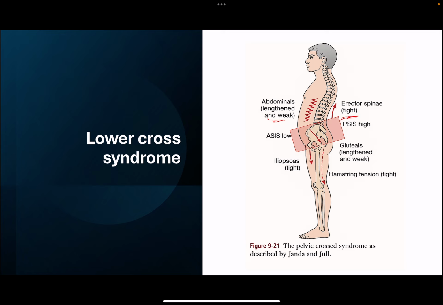Okay, we will start by discussing the tight muscles in lower cross syndrome. Tight muscles in lower cross syndrome are erector spinae and hip flexors. Meet the weak ones, gluteal muscles and abdominal muscles.